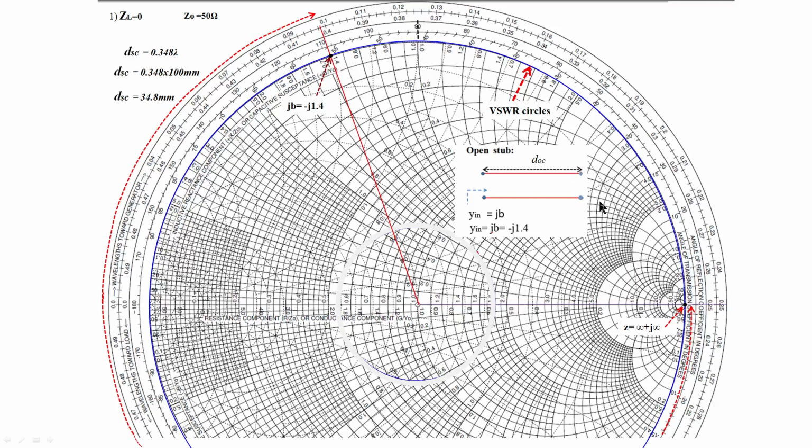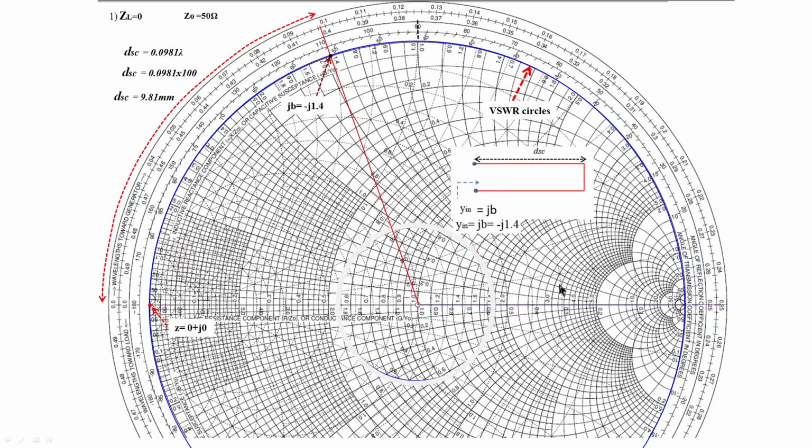If you use an open stub, you should measure the distance from here up to wherever the susceptance value is. So like that you can implement susceptance using an open stub or a short stub. Similarly any value of reactance you can implement.